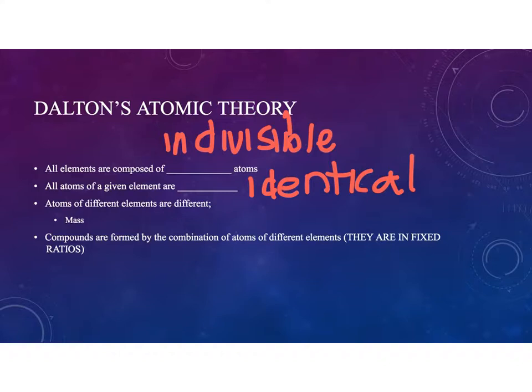So, atoms of different elements are different in their masses. Atoms of different elements obviously are different, but they're also significantly different in their masses. Not only that, but their atomic number, and this contributes to the mass number.